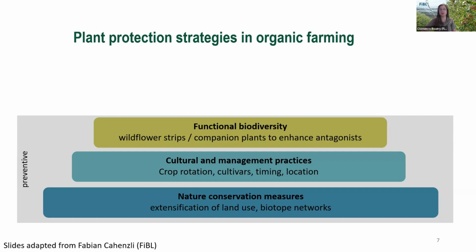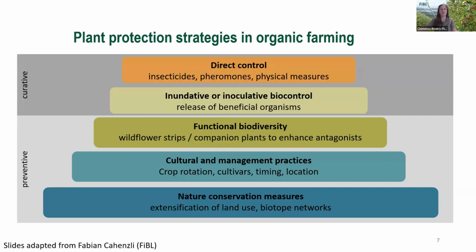This includes the land use or biotope networks. Then one level up is the cultural and management practices, including the choice of cultivars or the location. Then we have the functional biodiversity, for example, flower strips, companion plants that enhance antagonists against pests.